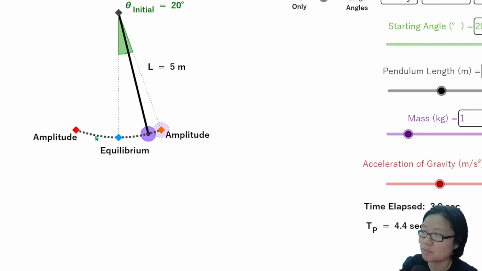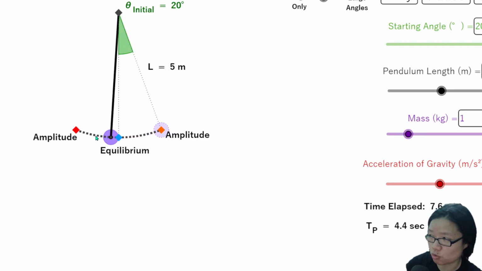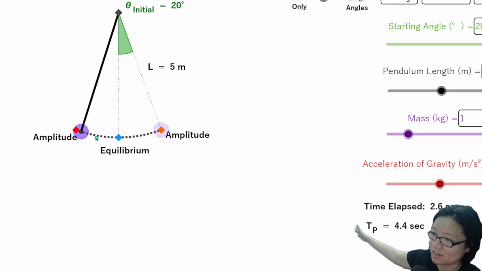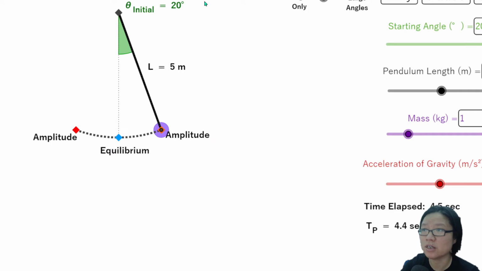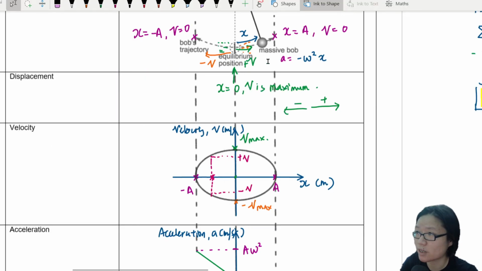Sometimes the pendulum is to the left, negative V, to the right, positive V, to the left, negative V, to the right, positive V. So that's why you will have both positive and negative values. When the pendulum is swinging to the left, it will be a negative value. When it's swinging to the right, you get positive values. So I'll highlight for you. Every point up here, the pendulum is moving right.